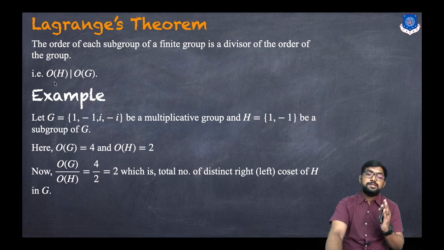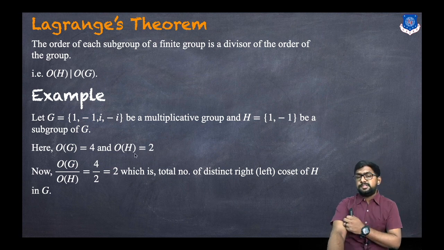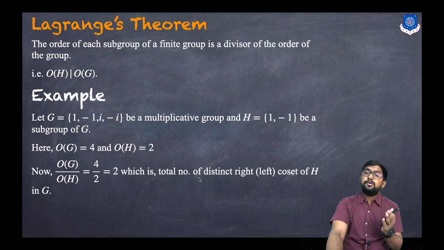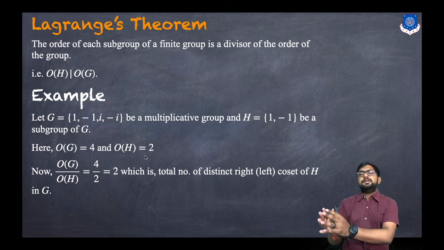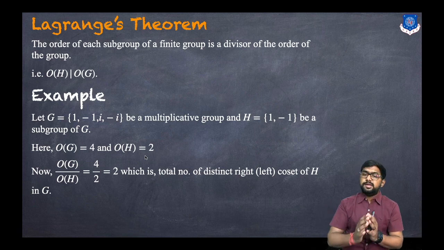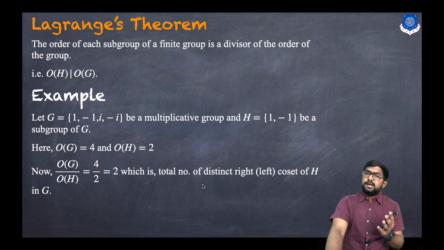So that means the order of H divides the order of G, and this quotient is the total number of distinct right or left cosets of H in G. So it is a simple statement that the order of each subgroup of a finite group divides the order of the group, right? So this is Lagrange's theorem.